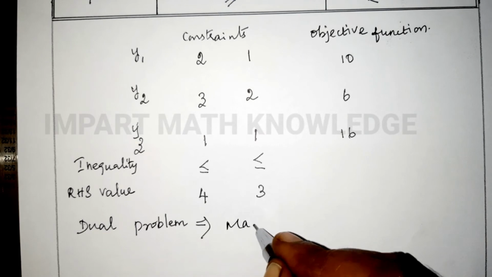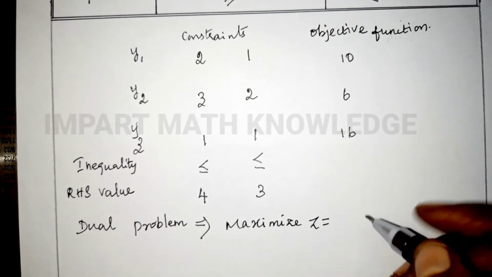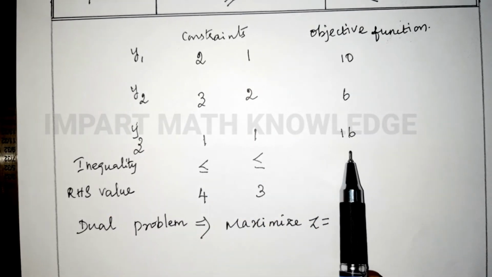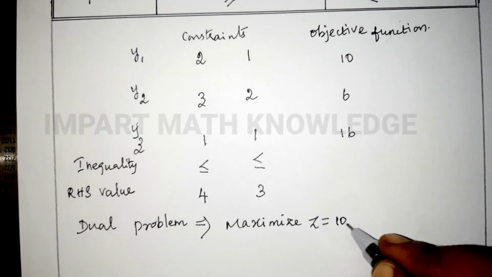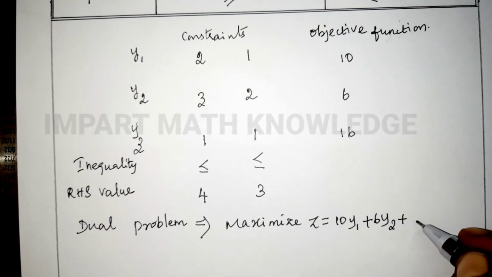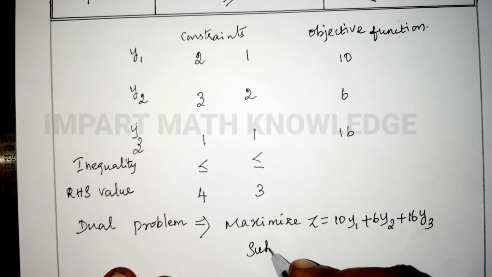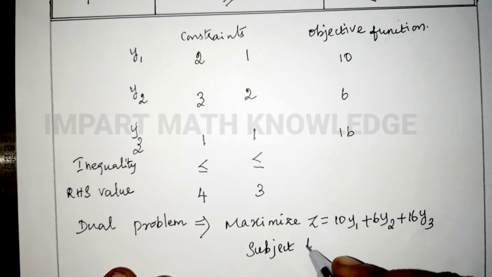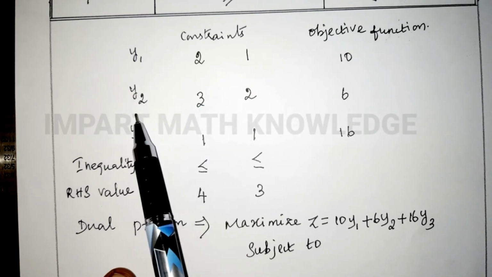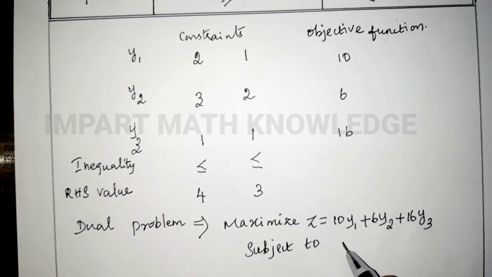Now the dual problem is: maximize z equals 10y1 plus 6y2 plus 16y3, subject to. First condition is 2y1 plus 3y2 plus 1y3 less than or equal to 4.